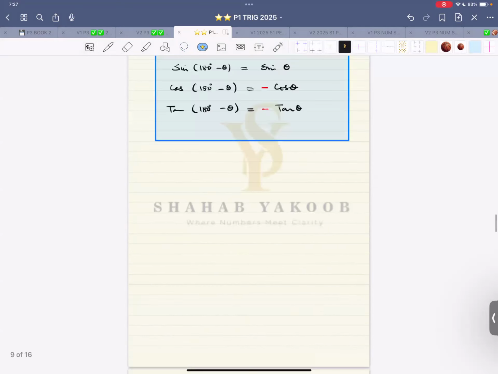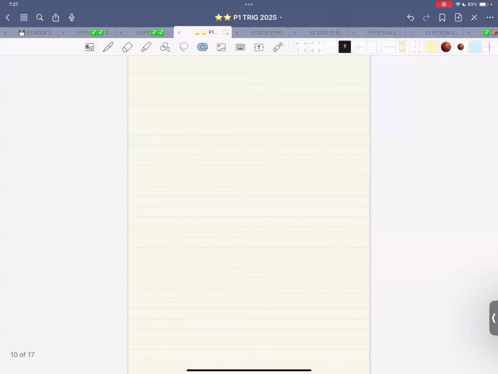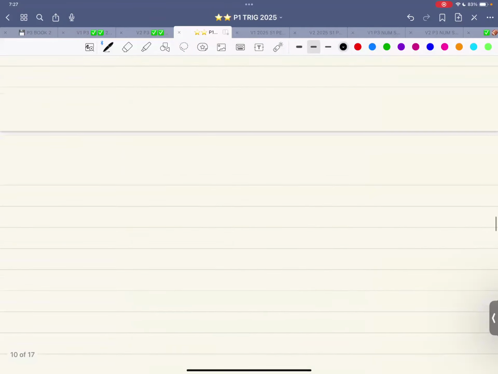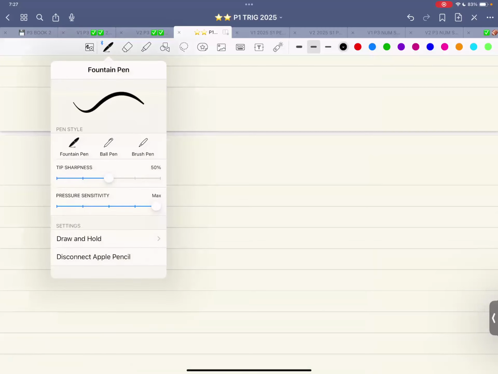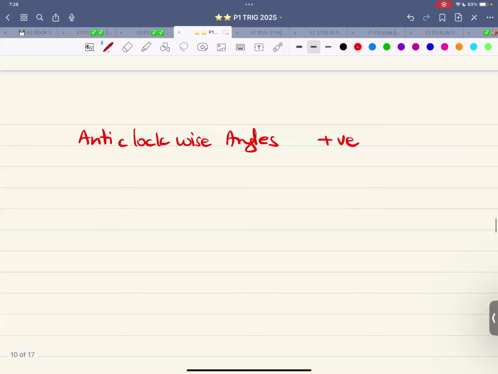Now, first of all, before we get started with this, let me write down a few ground rules. The rule is anti-clockwise angles are considered positive.